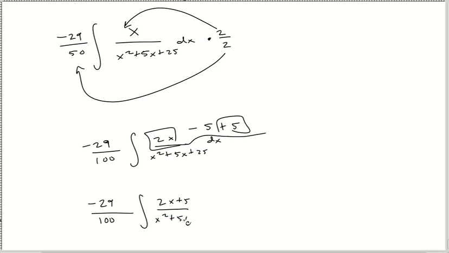And now finally, my integral's looking really good, right? Yeah, not really, because I have this minus 5 here that I'm going to pull out, and he still has the same denominator, and that's not very fun.